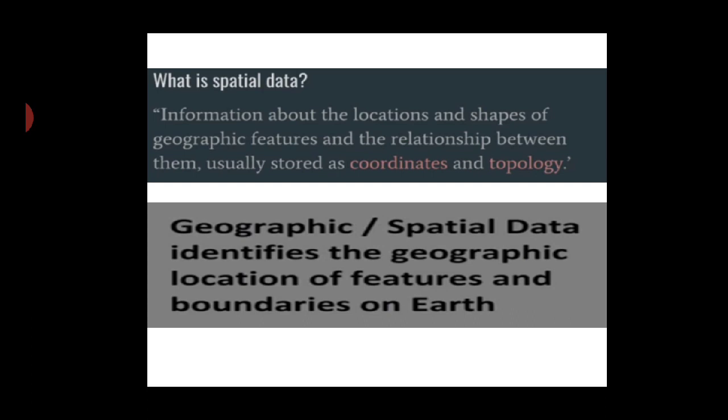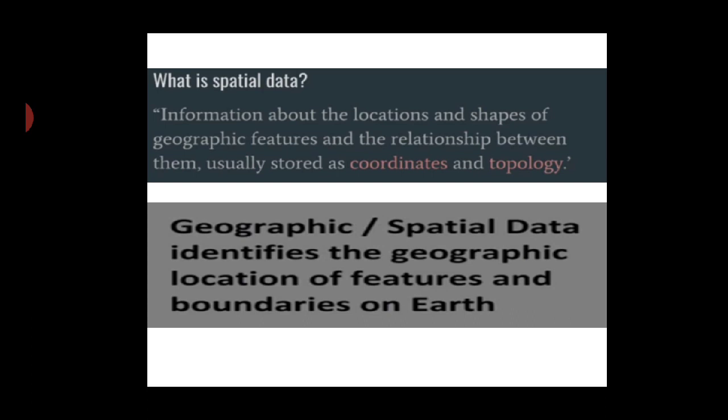Geospatial data is nothing but data and information having an implicit or explicit association with a location relative to the earth. Any information related to the earth is called spatial data.